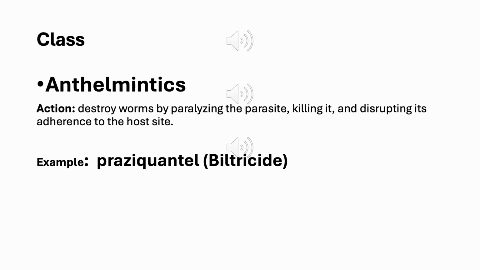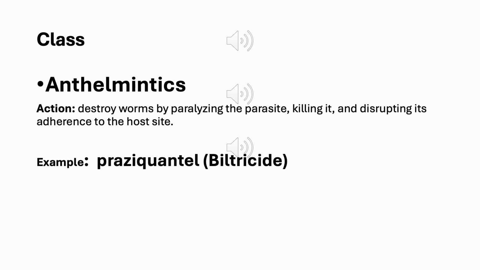Anthelmintic drugs, such as praziquantel, also known as Biltricide, are examples of drugs currently being used to treat certain types of tapeworms, flatworms, and roundworms. They kill the larva by destroying the cytoplasm of the worm, not the host cells.